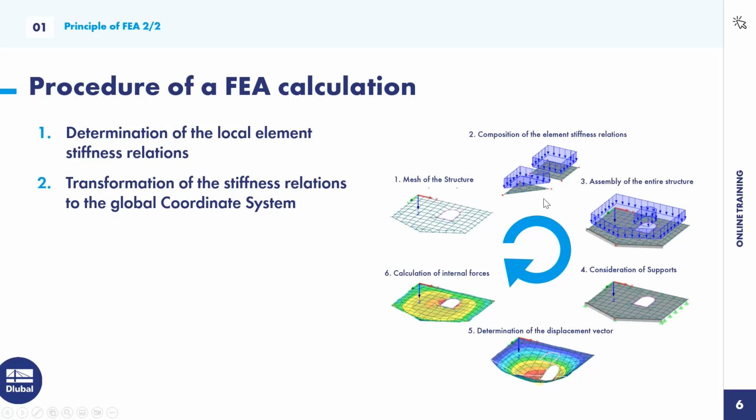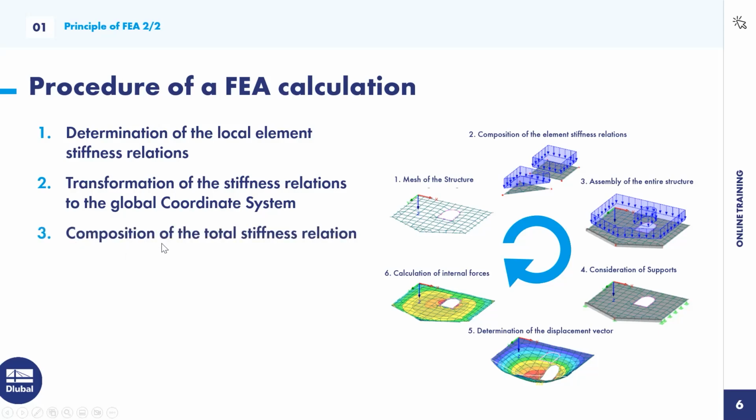For the understanding, there's this static equation which is called K times U is F, which means the stiffness matrix times the deformation vector is the force vector. Due to assembling them into the global matrix and vector, we have this K as well as this F. But what's not known is the U, the displacement vector. And that's what we want to get to.